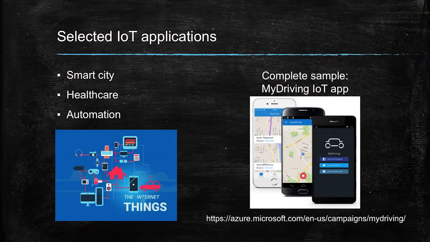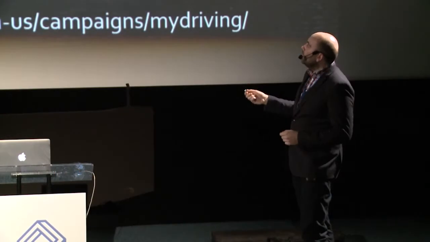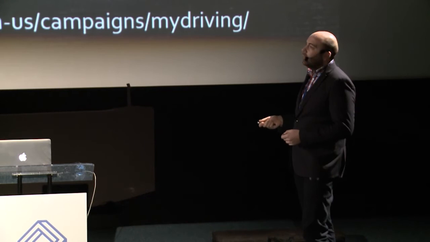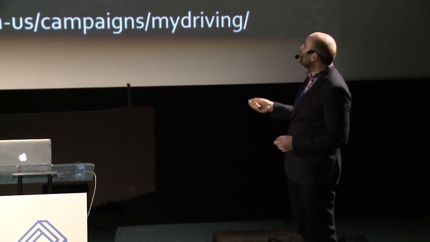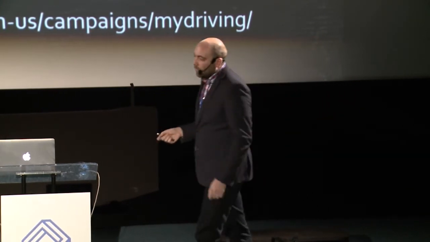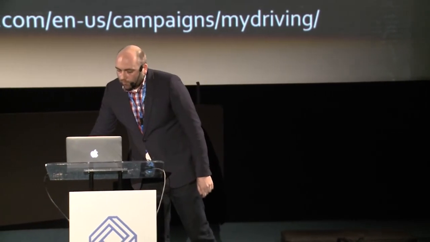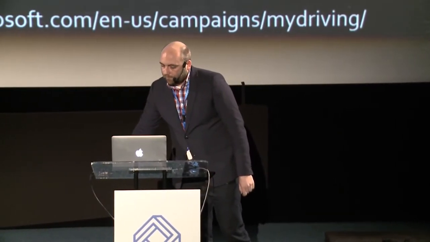And you can even download today a complete IoT app, which uses your smartphone and an OBD connection, and by acquiring data from your car, it can predict and score your driving skills. You can download it for free and even see how it was built on the appropriate source control system.